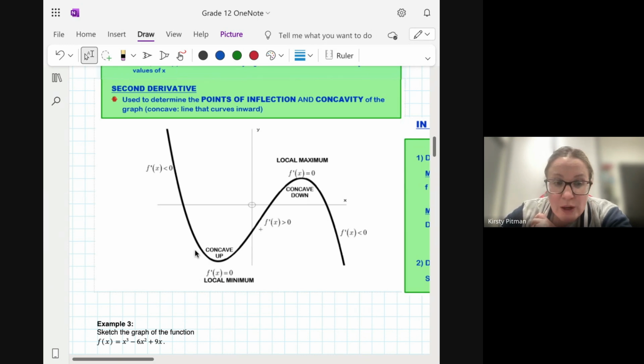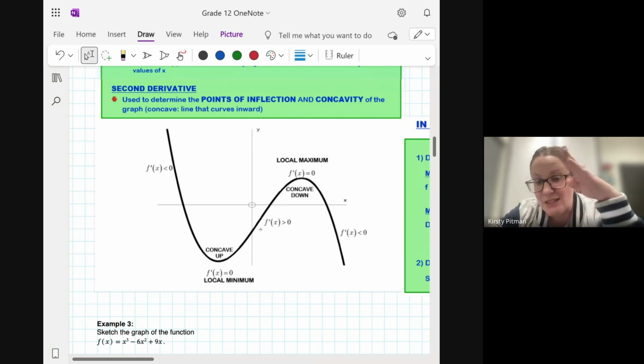So there's my turning point. All right. What can we say about this as well? We can say that it's concave up. So the graph is concave up. We're now moving along this line over here. And what can we see about this line? Well, if we look at our normal functions, when our graph is sitting like this, we know that the gradient is positive. In other words, the derivative or the gradient is positive.